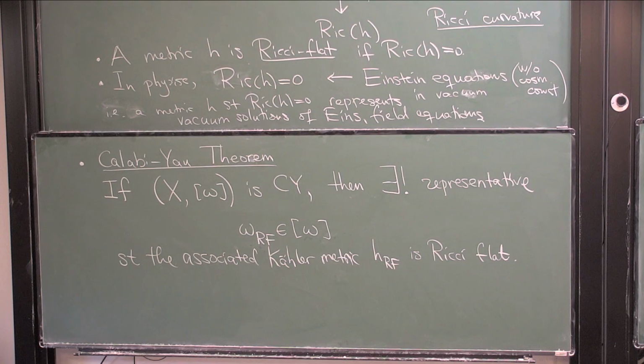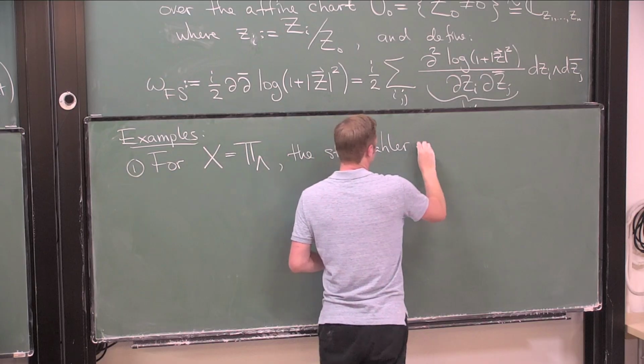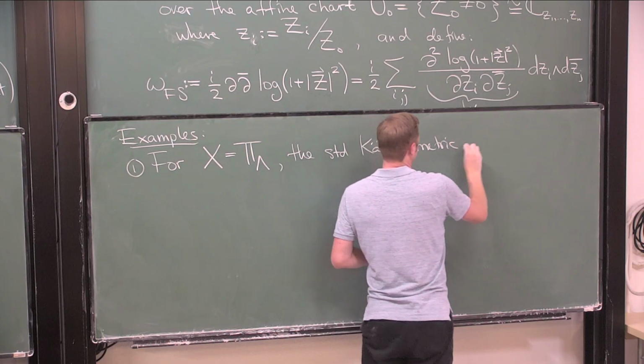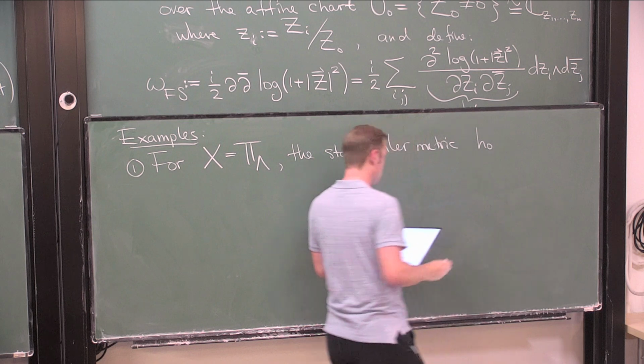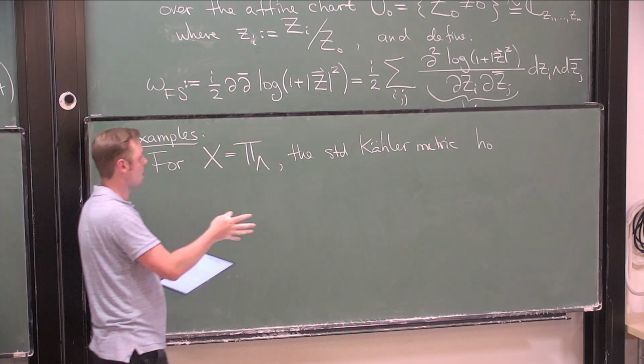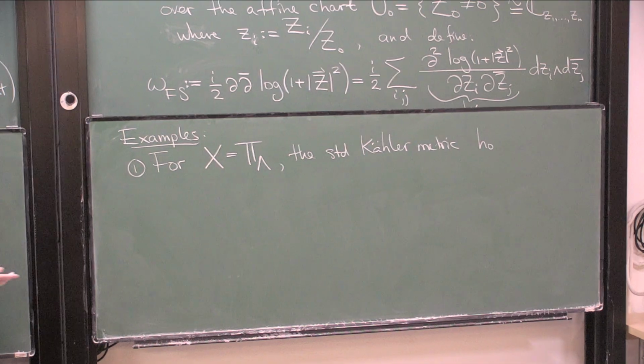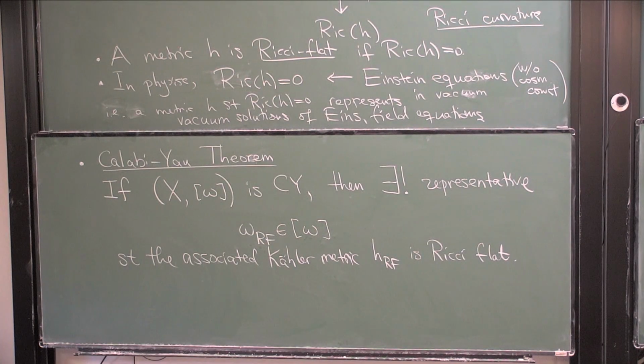You look at the standard Kähler metric on C to the n, which is translation invariant under lambda, and so it descends to X. And this one is Ricci flat.